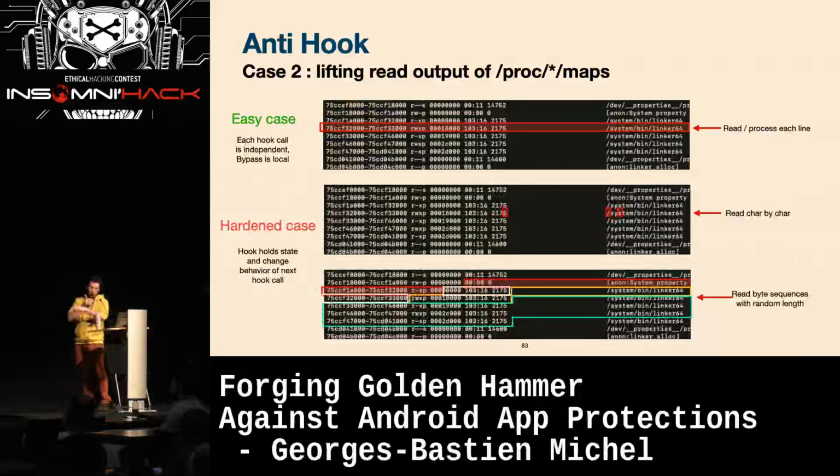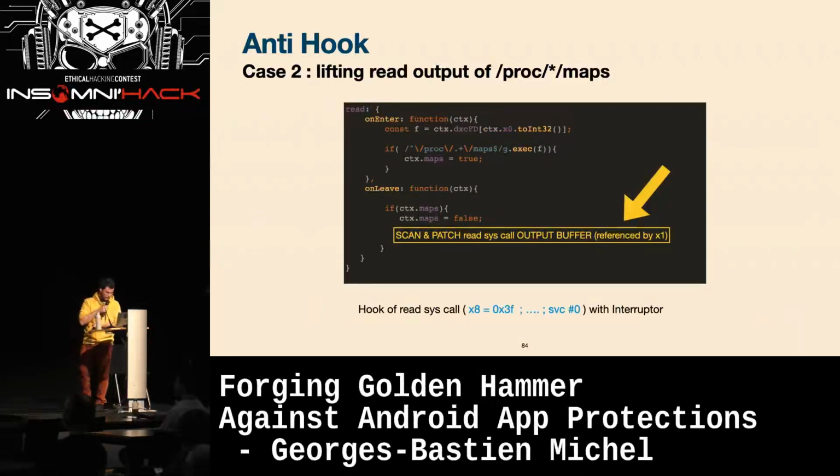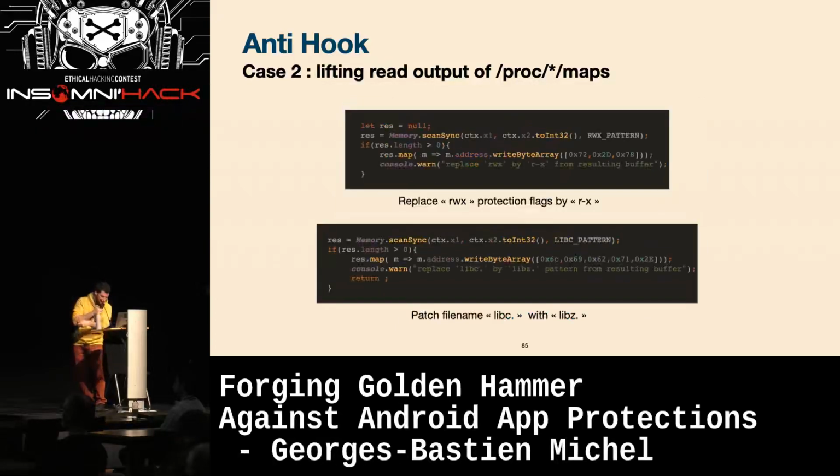If there is a random length, you need to implement a smarter hook. It's not interesting, but I provide some hook scripts to perform that inside the slides. But I have not enough time, so I continue.